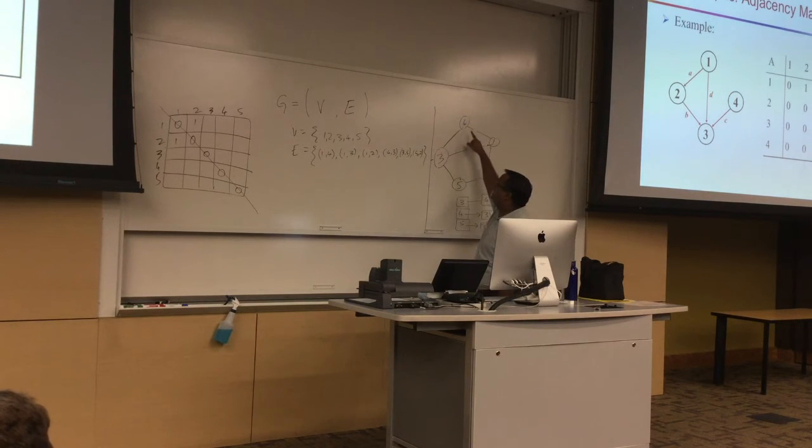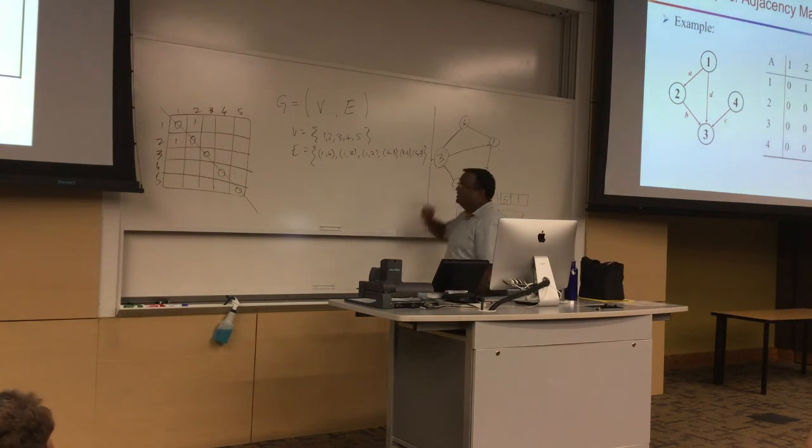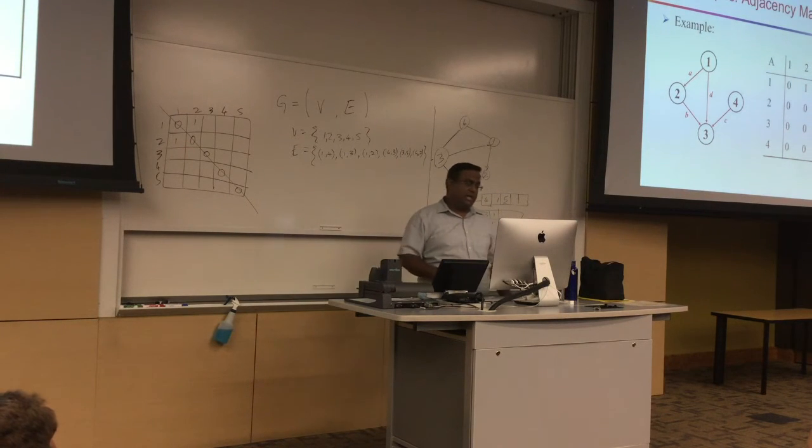So 3 will have the connection 3 to 4, but 4 will not have the connection 4 to 3. But now, while traversing this graph, if you are at 4 and you want to go to 3, you will not be able to. So there are advantages and disadvantages to that.